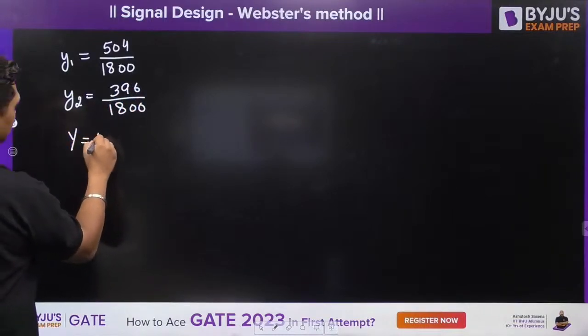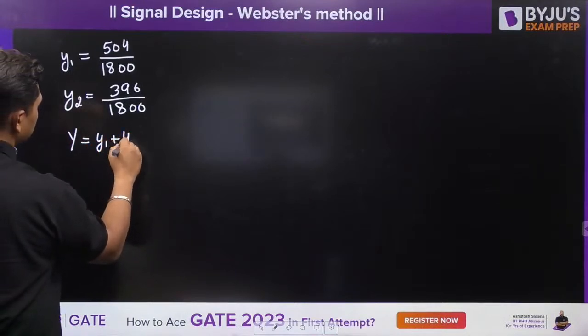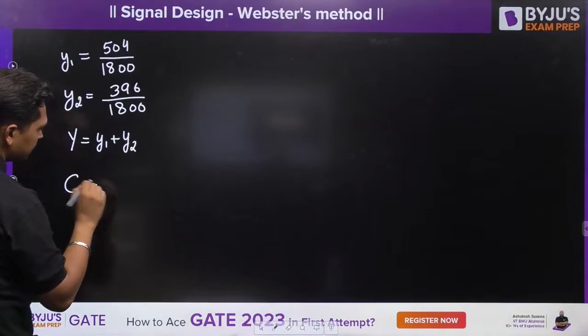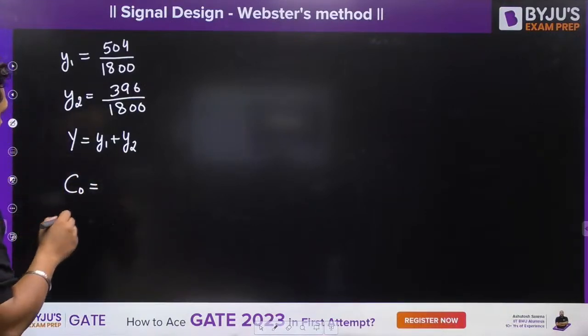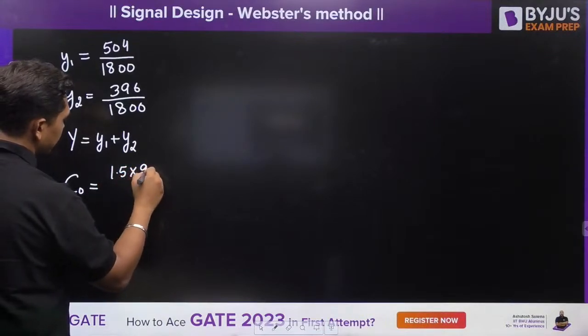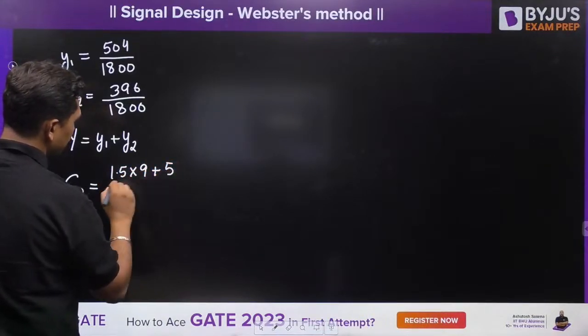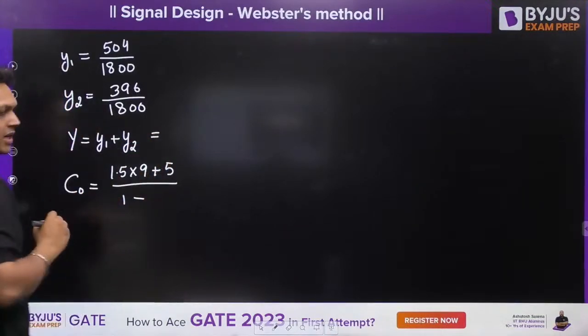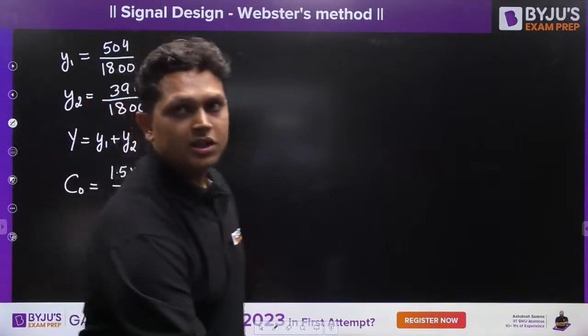Y will be equal to y1 plus y2. Then optimum cycle length will be equal to 1.5 into 9 plus 5 divided by 1 minus y. Calculate and tell me the answer. What is y coming out to be?